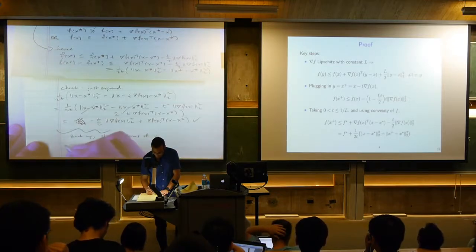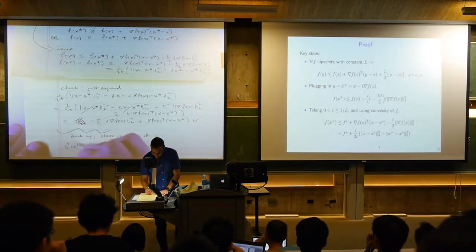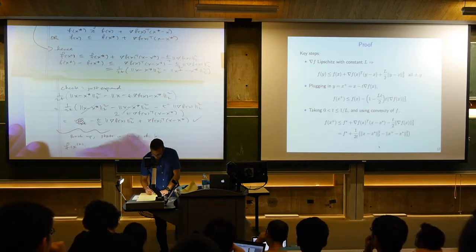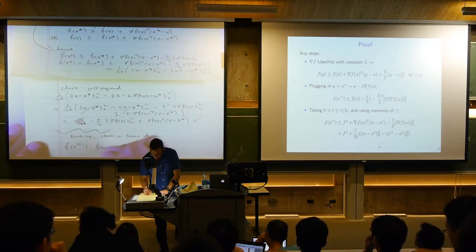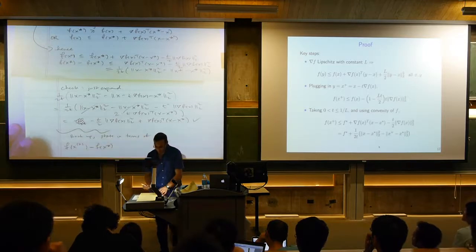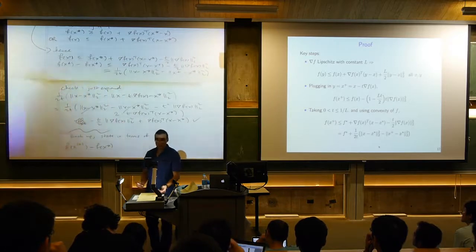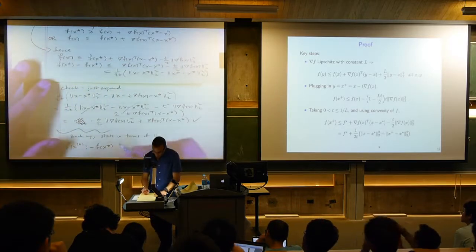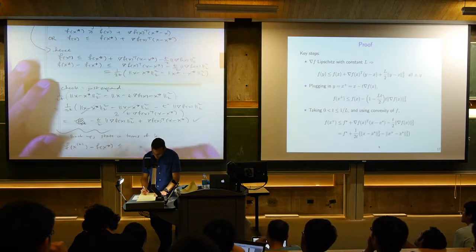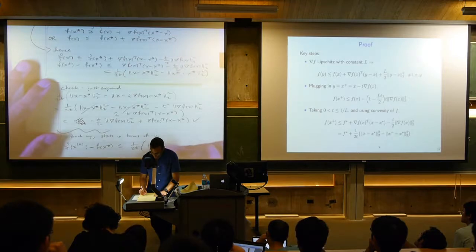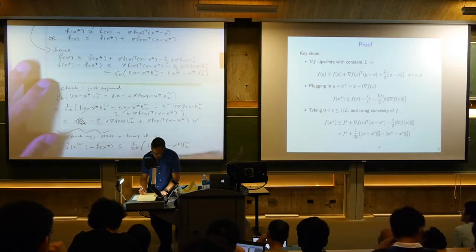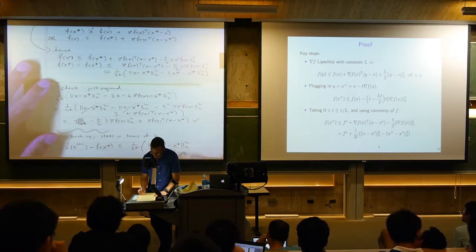What we've shown is that at any iteration, say iteration k, f of xk minus f of x star, where here I'm thinking of x plus as xk, and x as xk minus 1, is less than or equal to 1 over 2t times the norm of xk minus 1 minus x star squared minus the norm of xk minus x star squared.